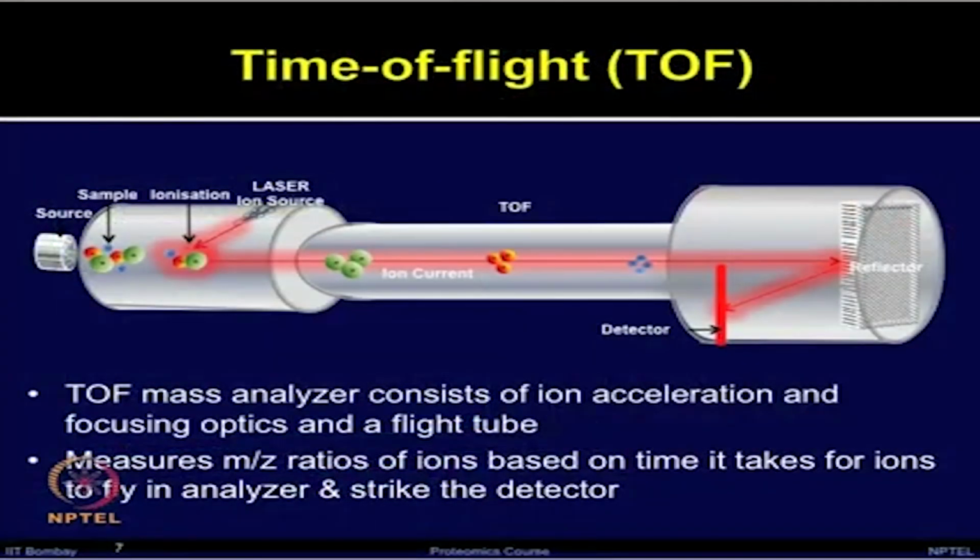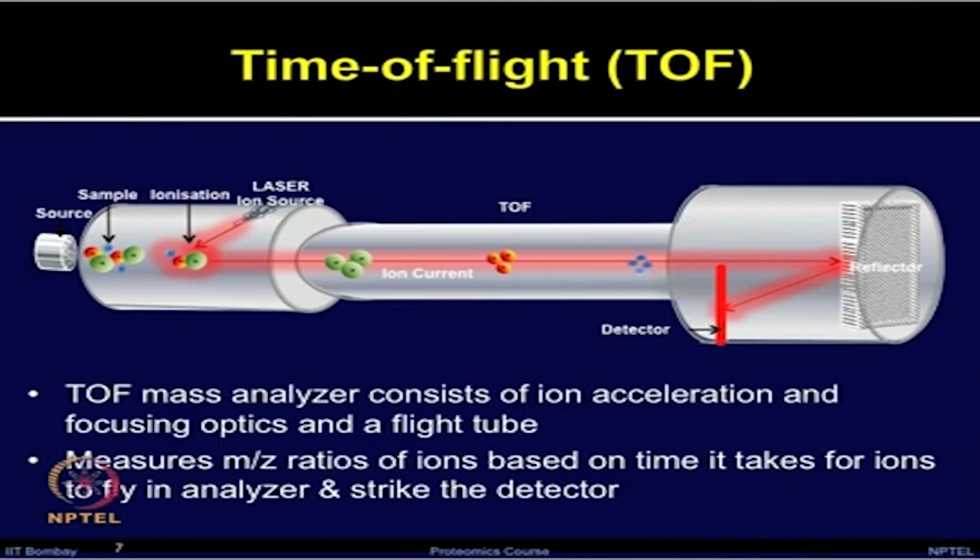The TOF mass analyzers consist of ion acceleration and focusing optics and a flight tube. As shown in the slide, you have a source, where sample ionization occurs due to the laser beam bombardment. Then ions move in the time of flight tube and reach the detector. Now, often we can also add a reflector, an ion mirror, which can increase the path length.